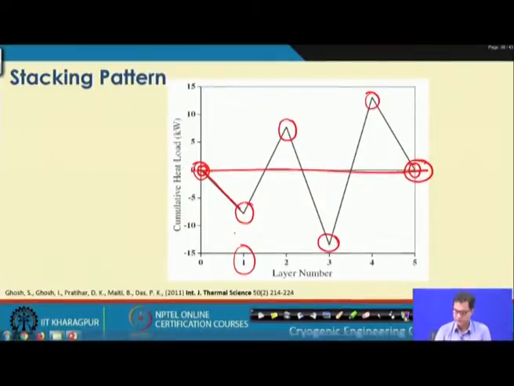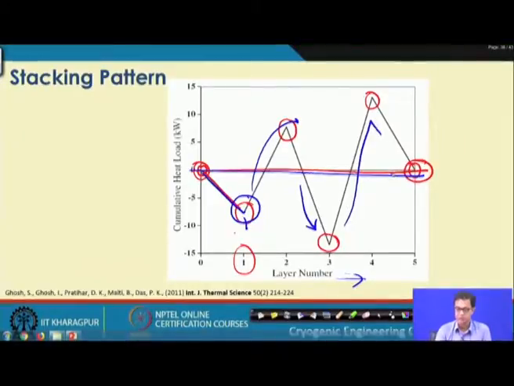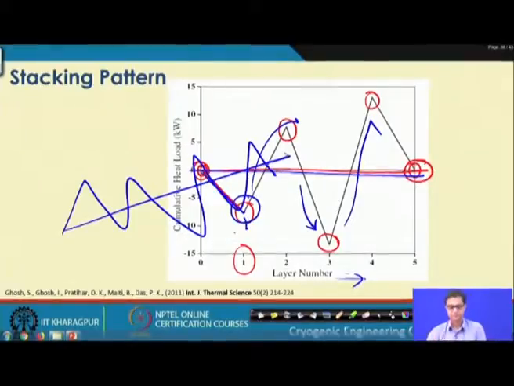When we plot, in every layer, either it has to be on the negative side, and in the next one it has to go to the positive, and then it has to come to the negative, and like that. So, this zigzag pattern will tell that this simulation or this stacking pattern corresponds to an optimum stacking pattern.